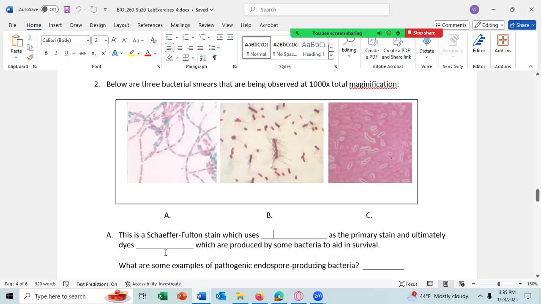And then for A2, you're telling me what structure is dyed by that stain. So that'd be A1, A2, then A3. What are some examples of pathogenic endospore producing bacteria? And you can get that answer, if you don't know, in the lab module.